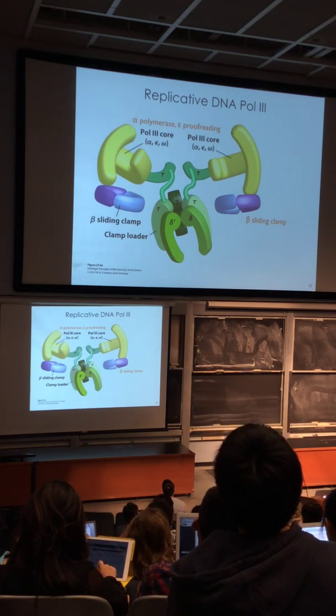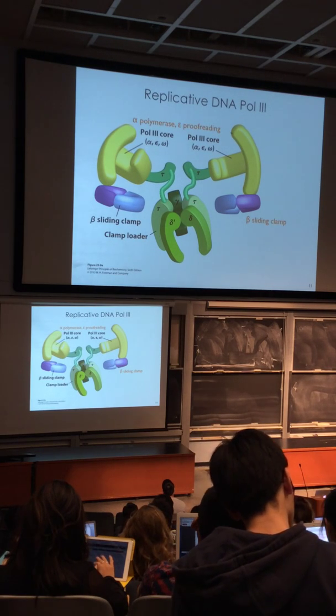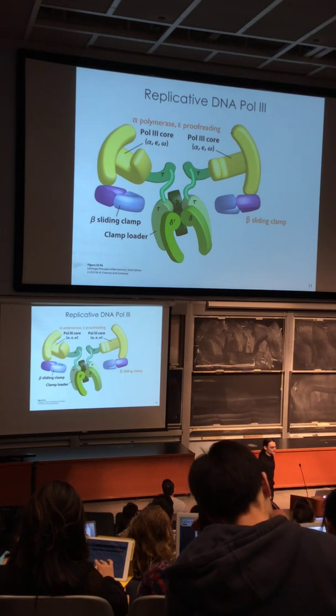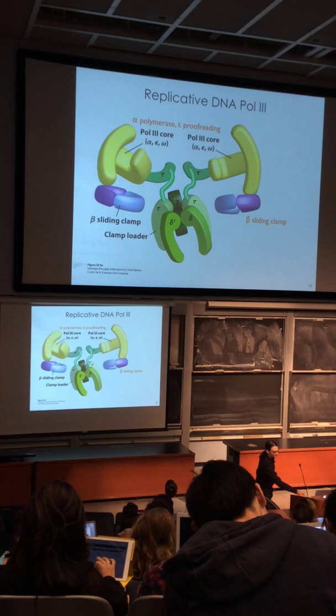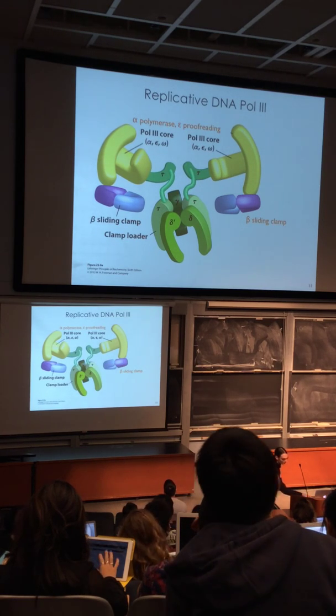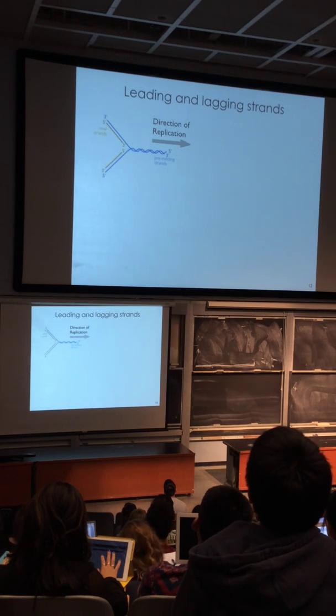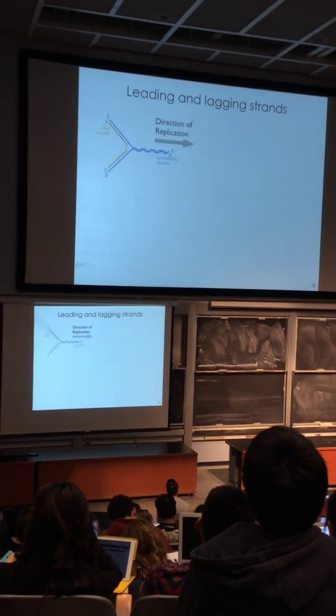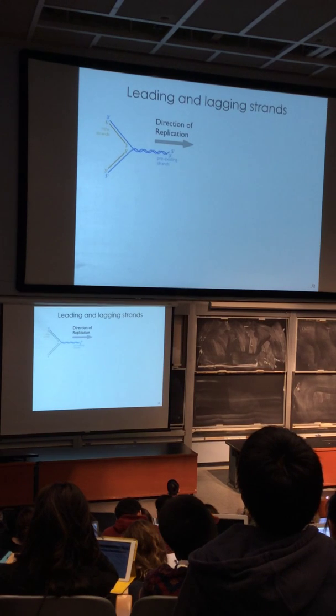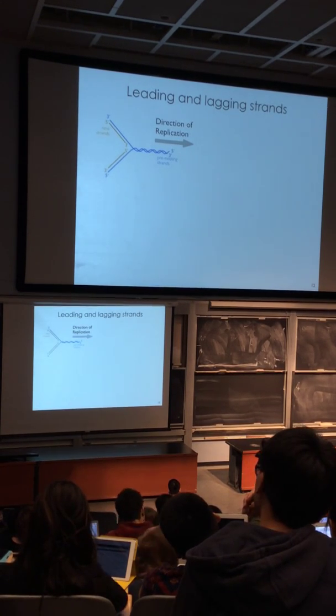And so both strands of the DNA are copied together at the replication fork, and this leads to a slight problem, in that the replication of DNA is always 5' to 3' on the strand that's growing. Of course, the double helix is anti-parallel.